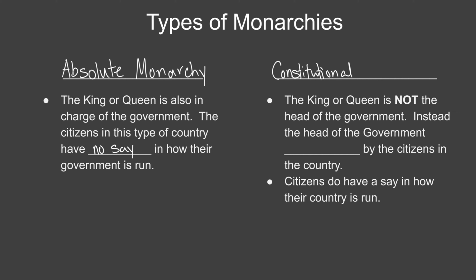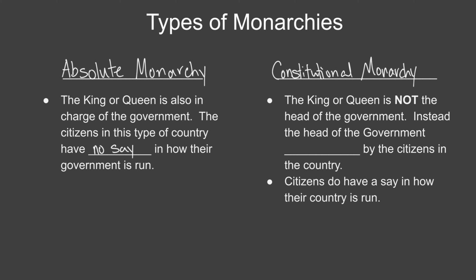And in a constitutional monarchy, the king or queen is not the head of the government. They are the head of state, so they're technically in charge of the military, but they don't get to make any other governmental decisions for that country.